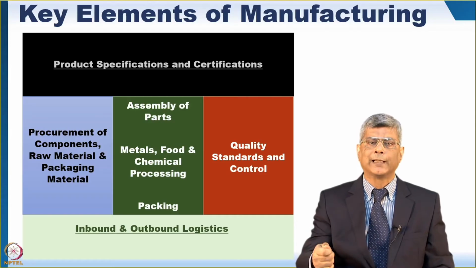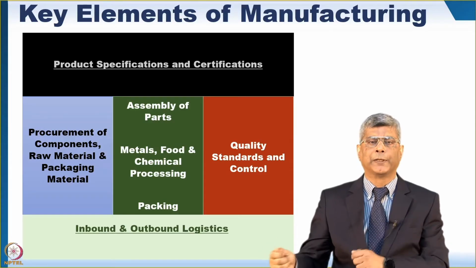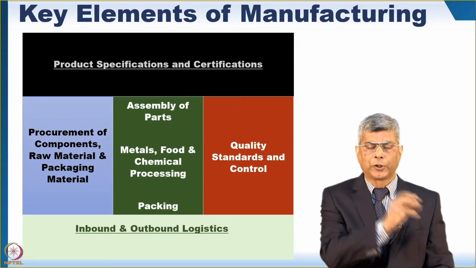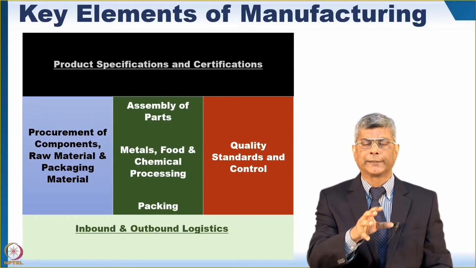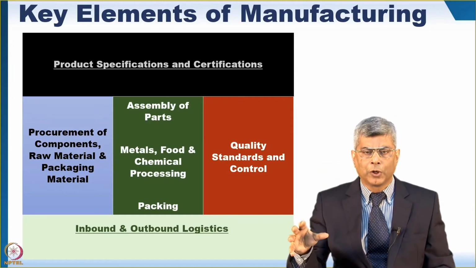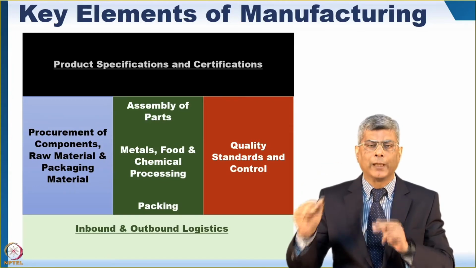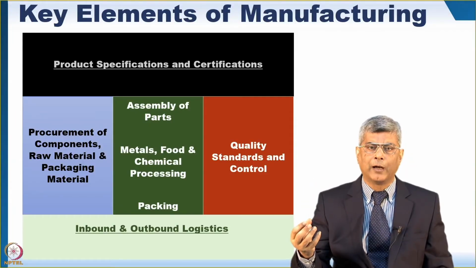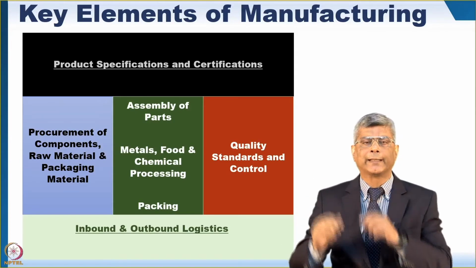You'll probably understand a bit better when I show you some of the actual case studies. But keep it in mind that you have to procure the product, you have to assemble them or process them, and you have to do all of this keeping in mind the quality standards, because you cannot have a chocolate bar with, let's say, insects in it.